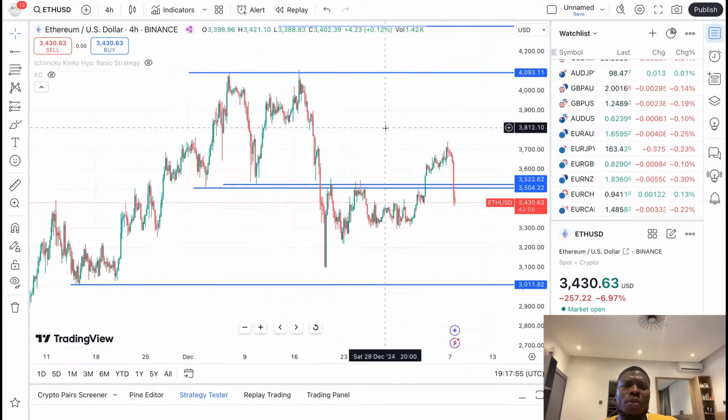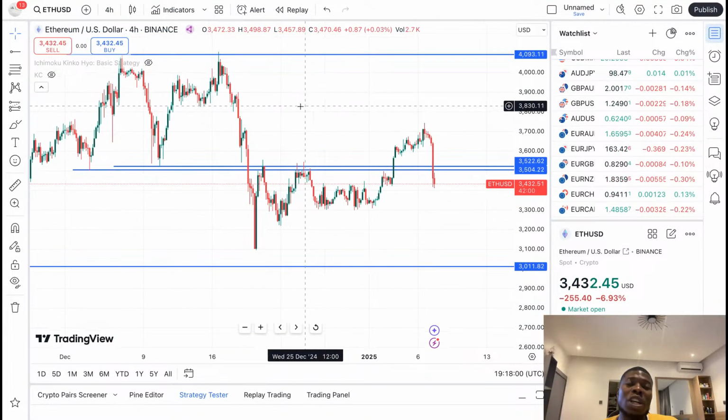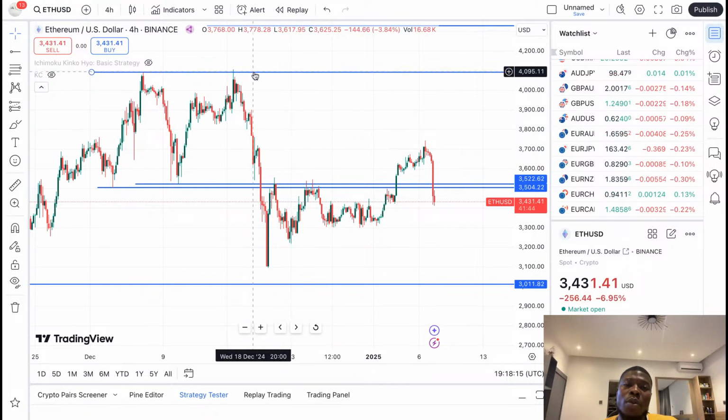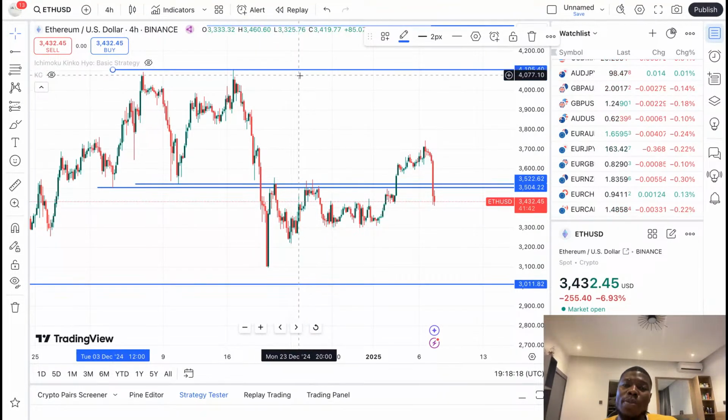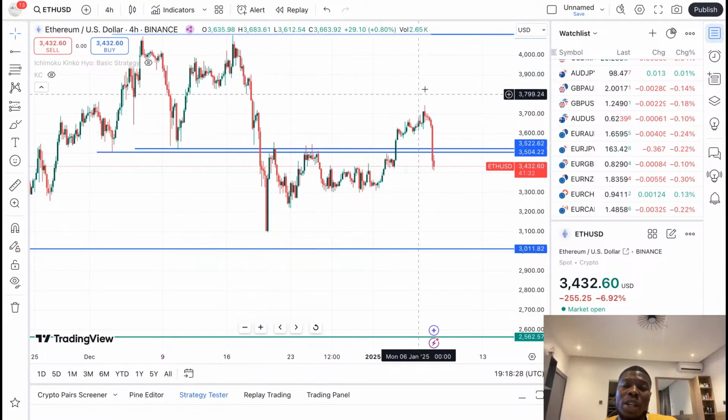Having confirmed that Ethereum is in a downtrend, whichever strategy you're using here will surely work out at this area, since this is a downtrend. Unless we go above this high, then it will be back in an uptrend. But at the moment Ethereum is in a downtrend, so whichever movement is going, it's surely going to come down more.